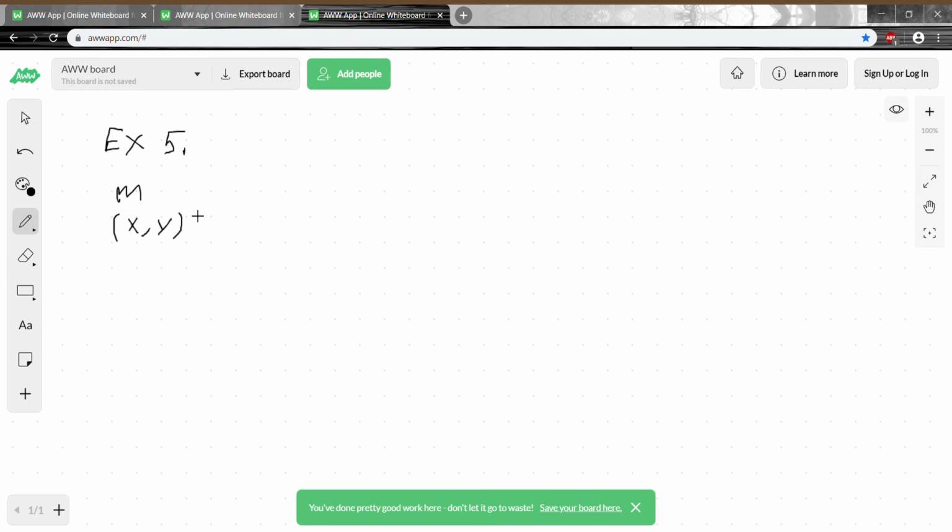So, on page 467, we have theorem 10.5.2, and it's going to give us an equation. It's going to look very similar, that y minus y1 is equal to m multiplied by the quantity x minus x1.